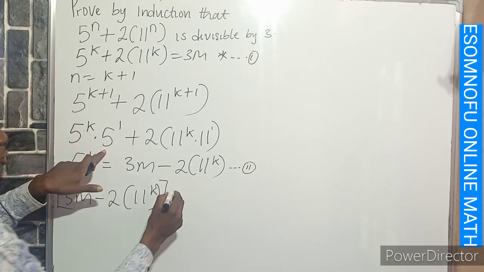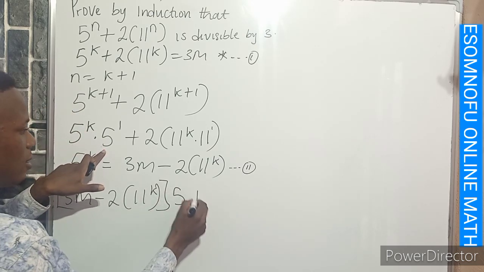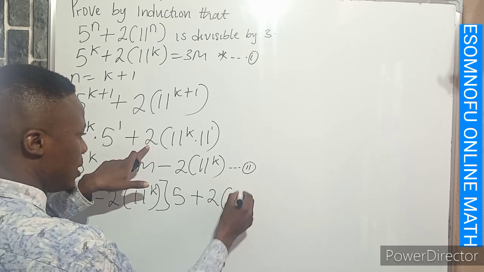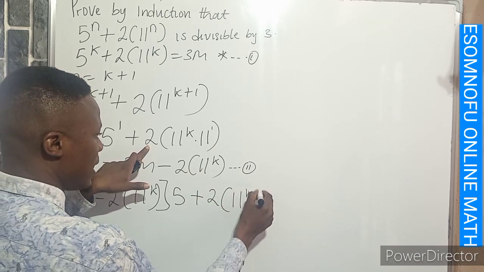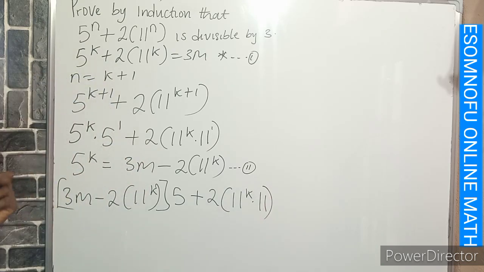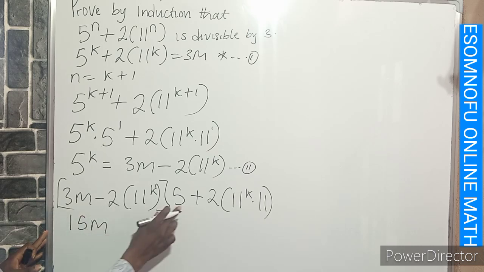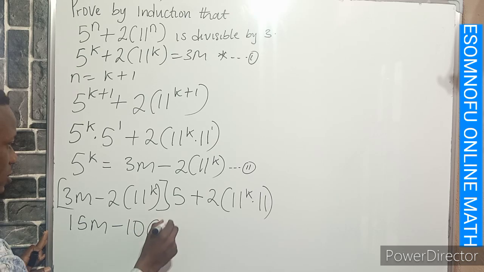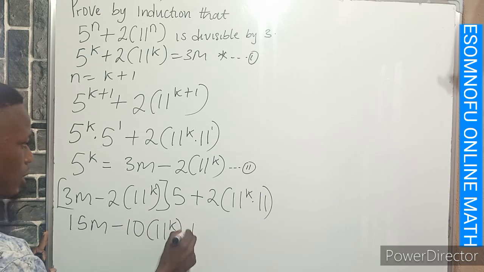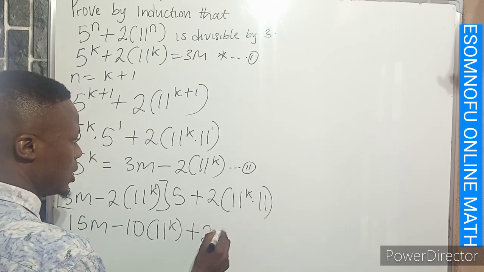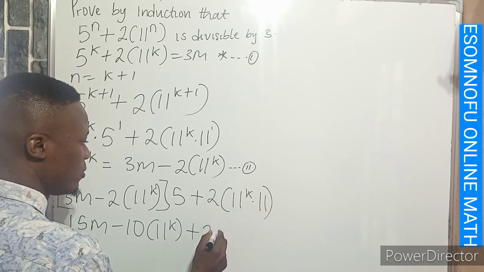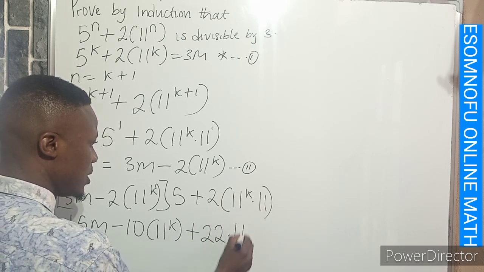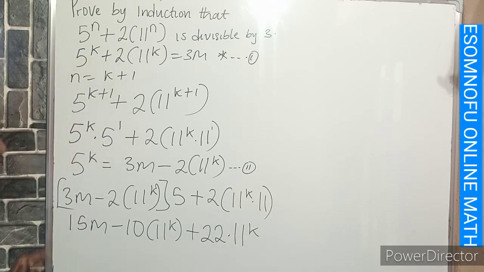Remember, we'll have 5 to the power of 1 here, which is just 5, plus 2 into 11 to the power of k times 11. Now let this 5 open this bracket, so we shall have 5 times 3m is 15m, 5 times minus 2 is minus 10 into 11 to the power of k, plus 2 times 11 will give us 22 times 11 to the power of k.